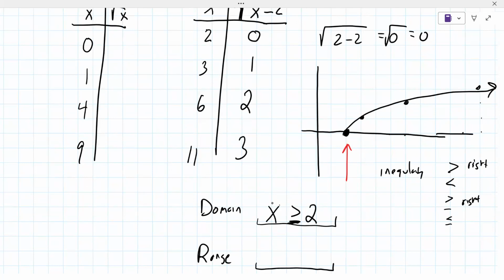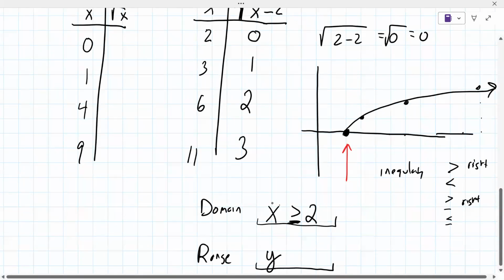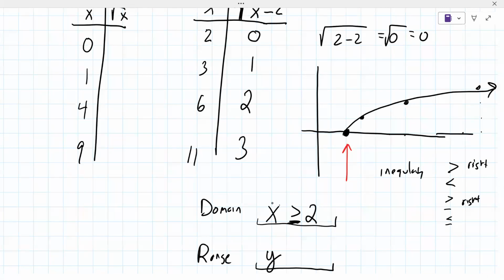The range is going to be the y values. That's right. Are the y values going up or down? Down.